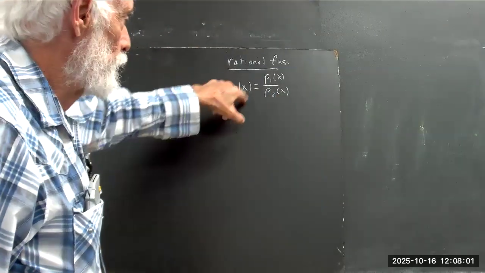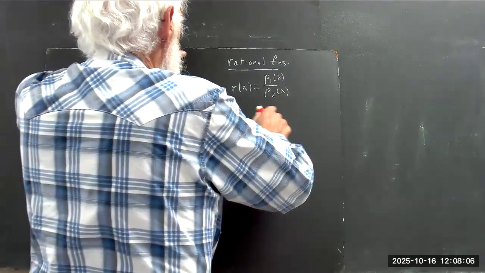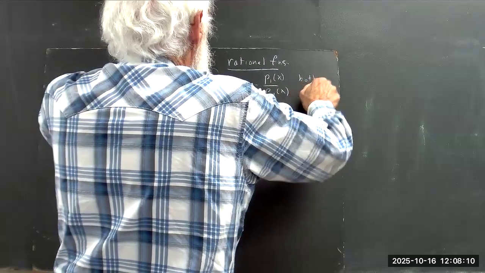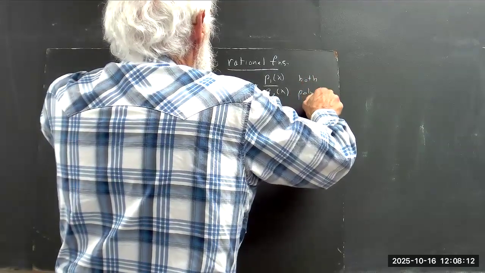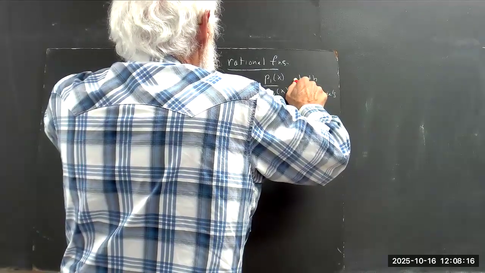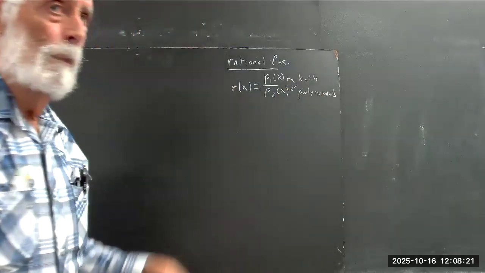The form of a rational function is P1 of x over P2 of x, and these are both polynomials.